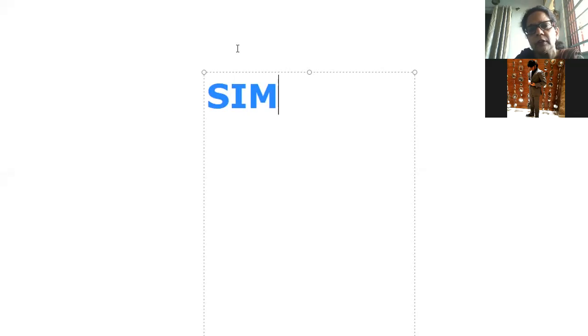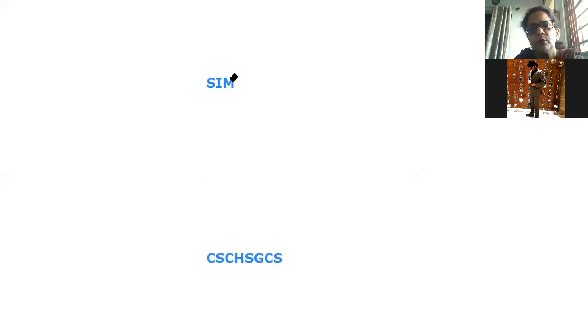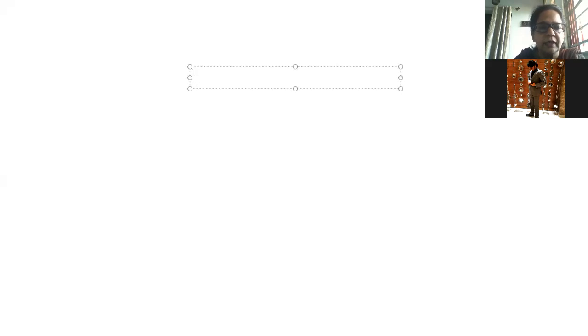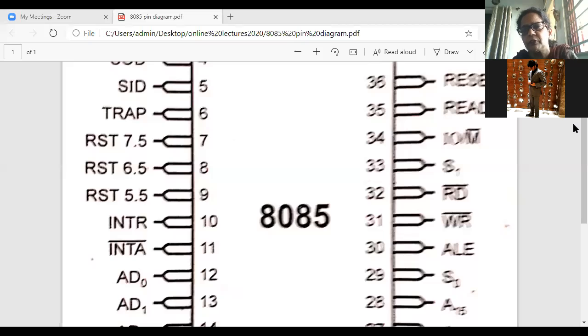SIM is the set interrupt mask. Set interrupt mask means you can mask the interrupt through this instruction, or you can send data on the SOD pin of 8085. So there are 2 uses of the SIM instruction.